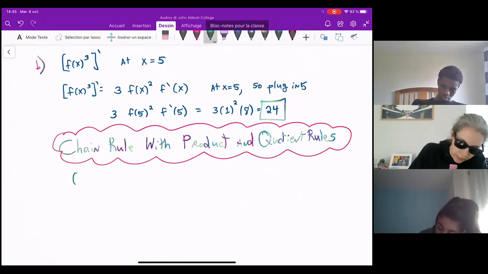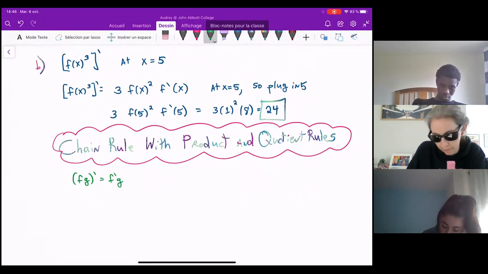So in order to do this, let's just remind ourselves briefly of the product rule. So that's fg prime is f prime g plus fg prime. And the quotient rule is f over g prime is equal to f prime g minus fg prime over g squared.